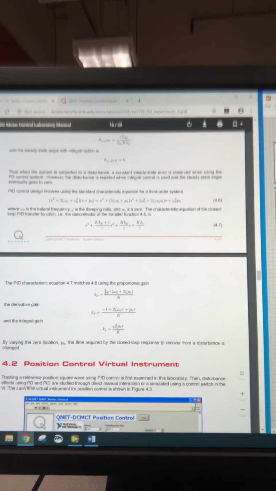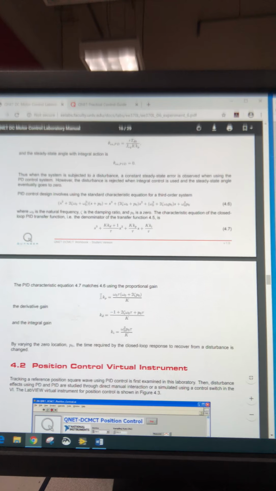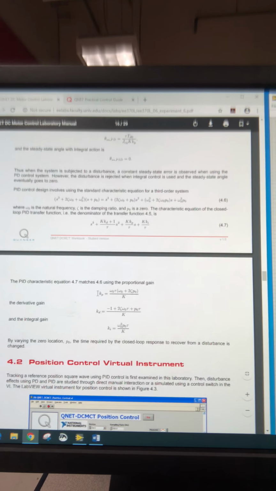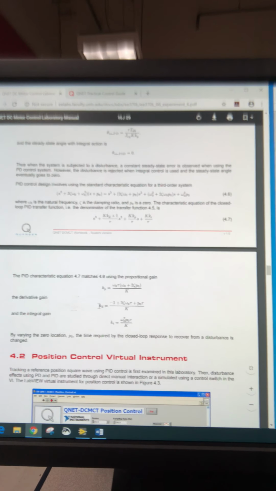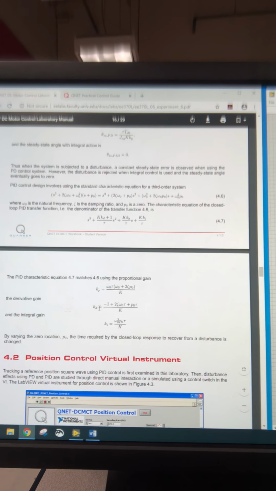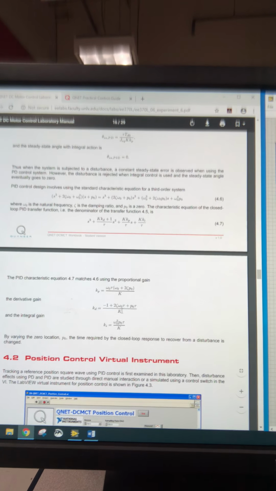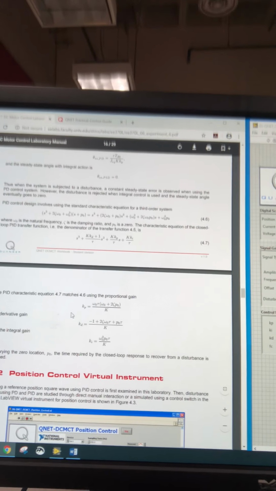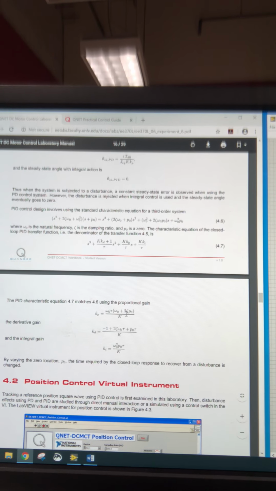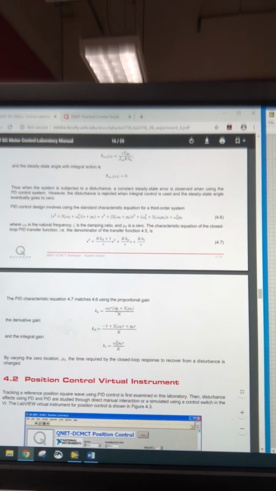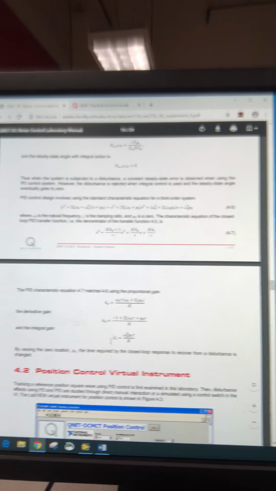When we increase omega 0, we can see Kp will increase quadratically and Kd will still increase linearly. And that's the impact of increasing zeta and omega 0 on Kp, Kd, and Ki.